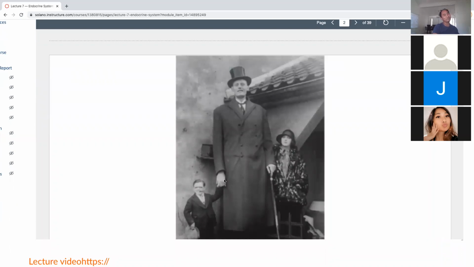Growth hormone, yeah. If you have too much growth hormone, you will have gigantism. If you do not have any growth hormone, you will be very small, which they call dwarfism. And this lady is a normal person.